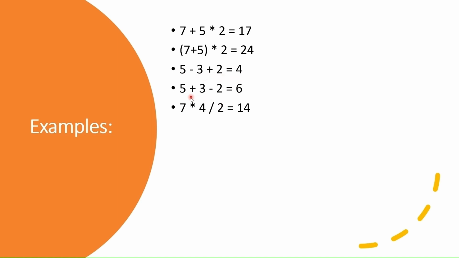In here, now we switched between the addition and subtraction, so it'll be 5 plus 3 first, minus 2, which is 6 now. All right. Now the last one is 7 multiplied by 4 divided by 2 equals 14. And this, again, as we mentioned, we start from left to right. So 7 multiplied by 4 is 28, divided by 2 equals 14.